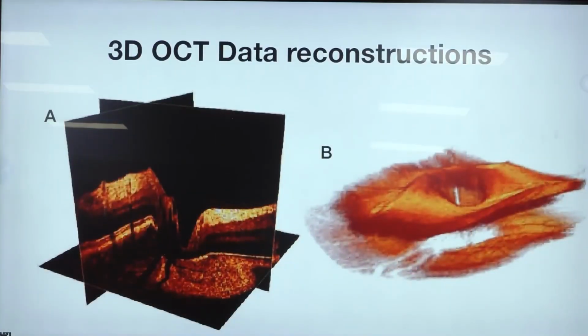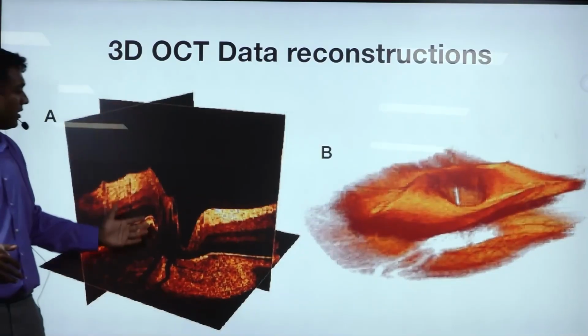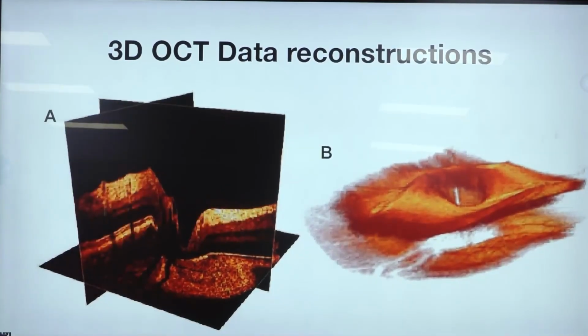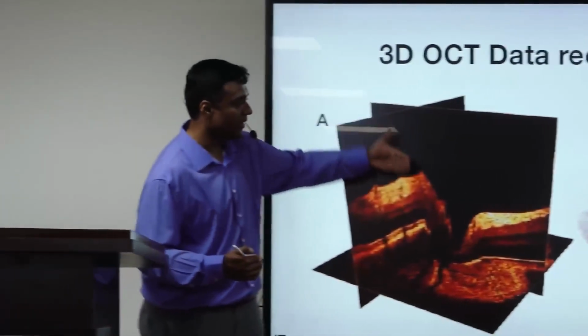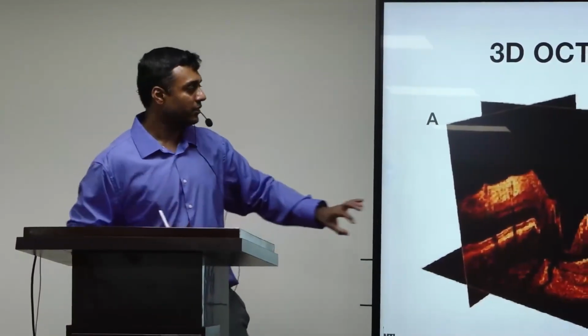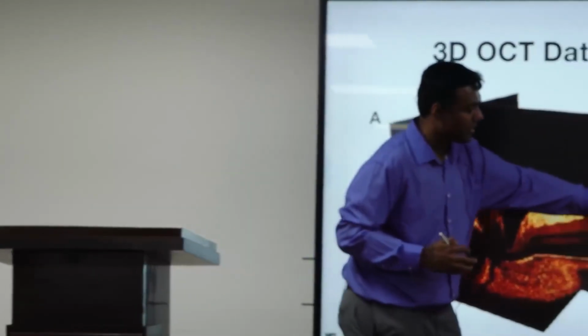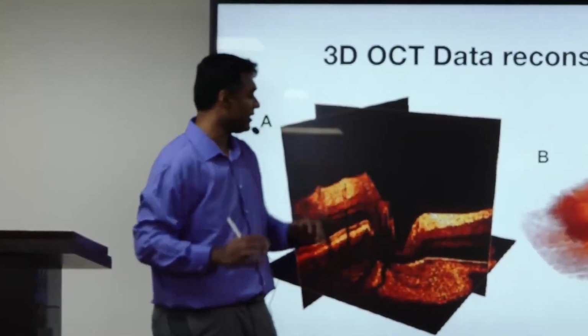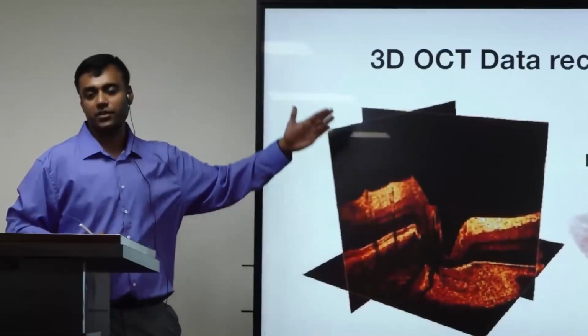Once you do that, you can do 3D reconstructions from this OCT data. Once you get 3D, you can cut it in different directions. There are data visualization software tools where you can get this kind of 3D visualization that's translucent. You can rotate it and see, or you can get different planes of cross sections.